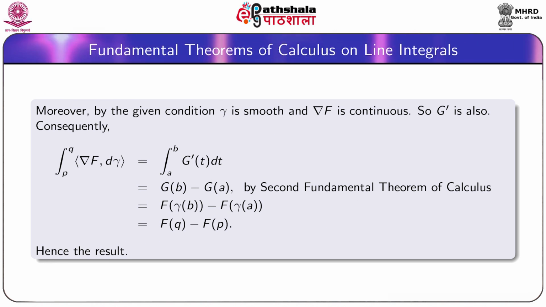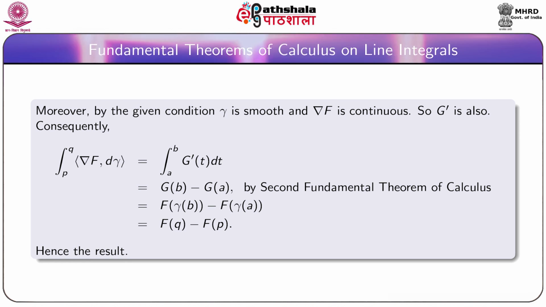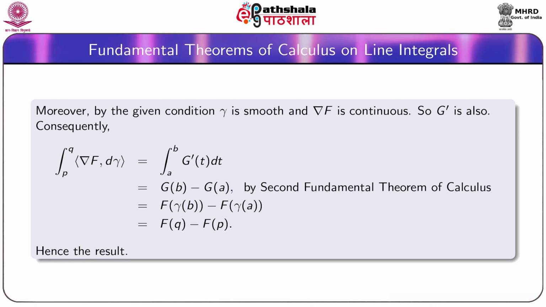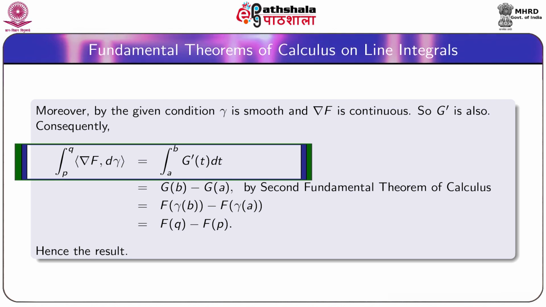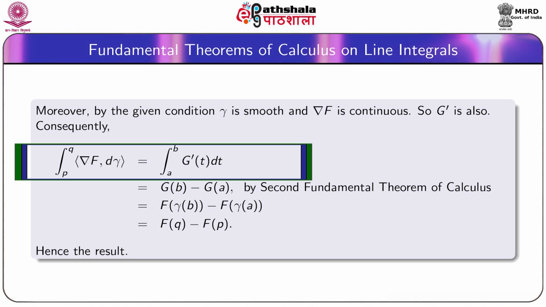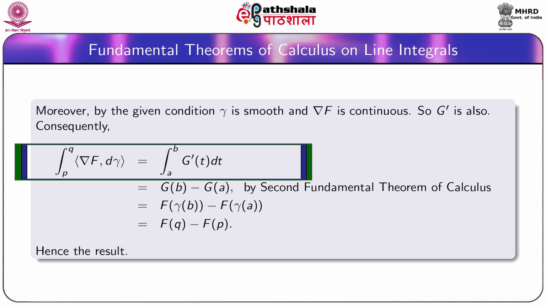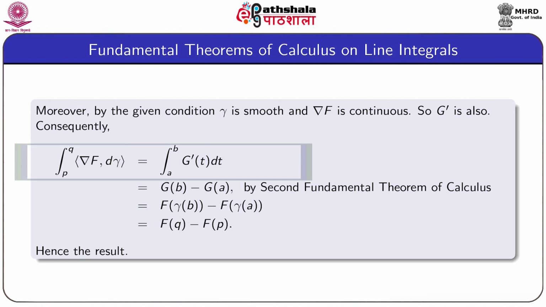Moreover, by the given condition gamma is smooth and gradient F is continuous, so G' is also continuous. Consequently, the line integral from P to Q of gradient F d gamma equals the integral from a to b of G'(t) dt. Here we use the second fundamental theorem of calculus and find its value as G(b) minus G(a), which is nothing but F(gamma(b)) minus F(gamma(a)), that is F(Q) minus F(P). Hence the result.